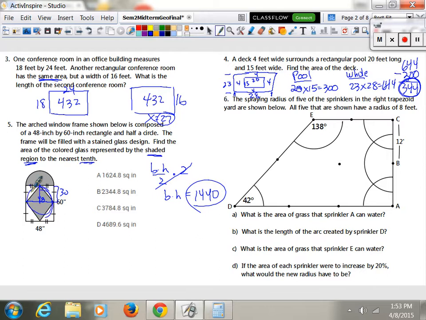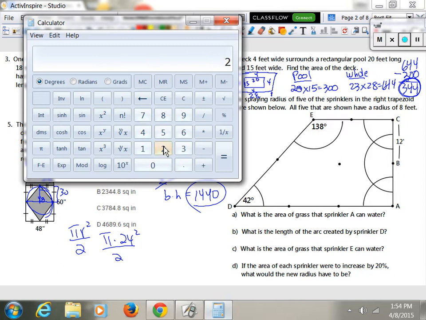Now we need half a circle. We need pi r squared over 2 because we only want half of the circle. The radius is half of the 48, which is 24. So it's going to be pi times 24 squared divided by 2. So I need 24 squared times pi, and then divide it by 2. You're going to get 904.78.